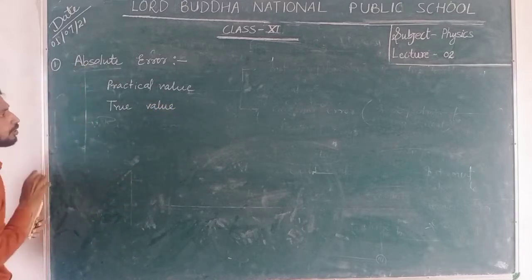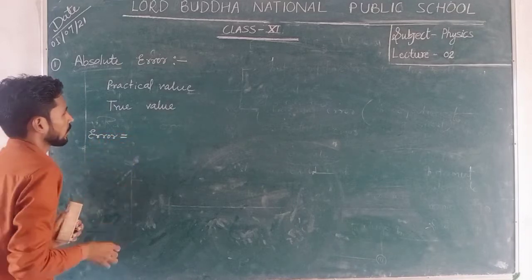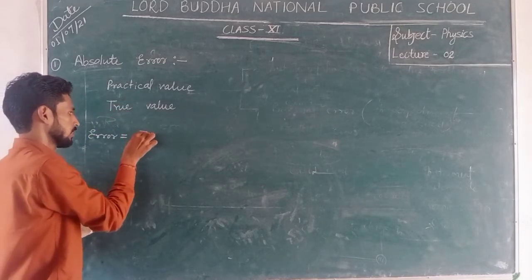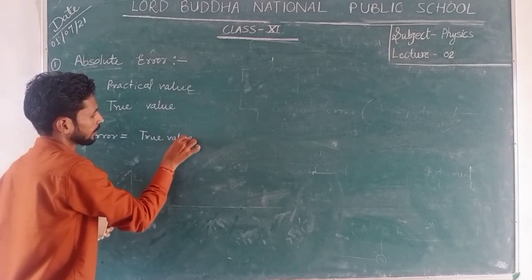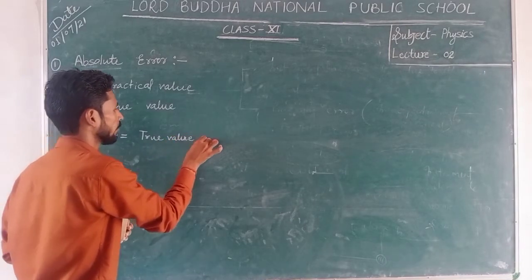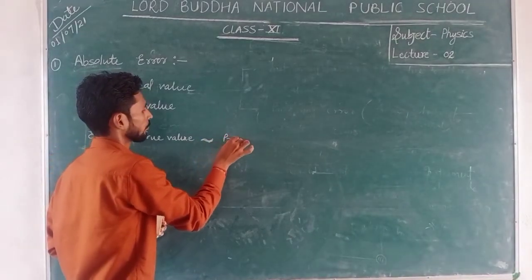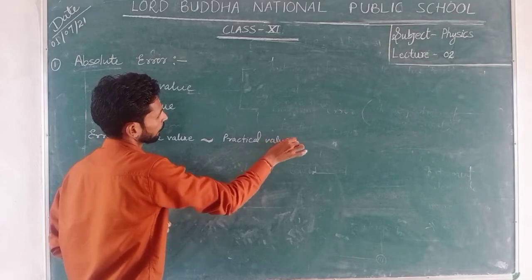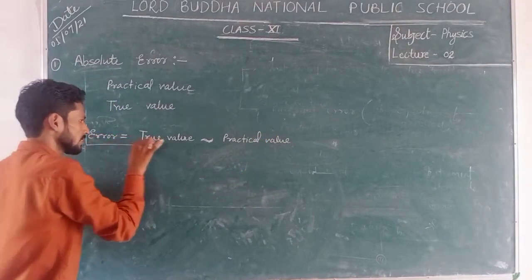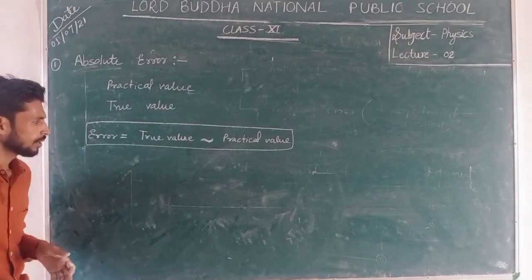Then the absolute error equals the difference of the true value of that physical quantity and the practical value. So in this case that is known as absolute error.